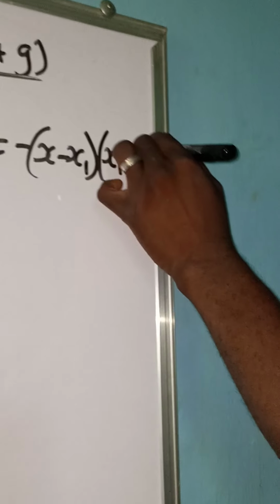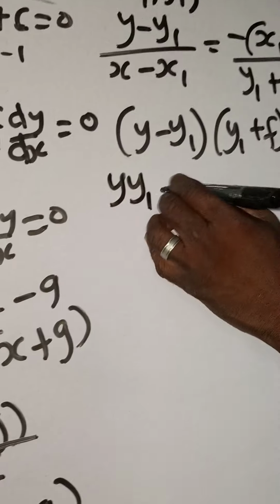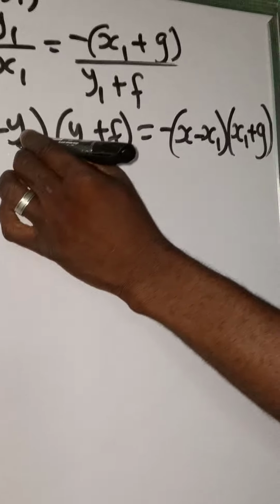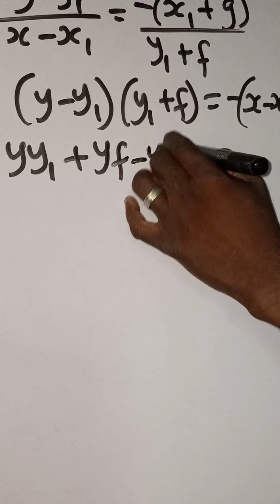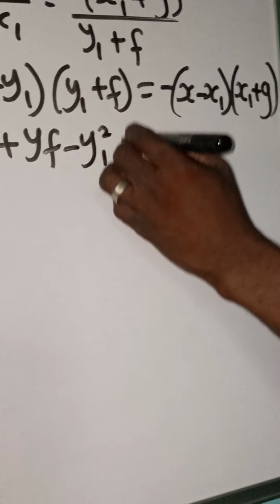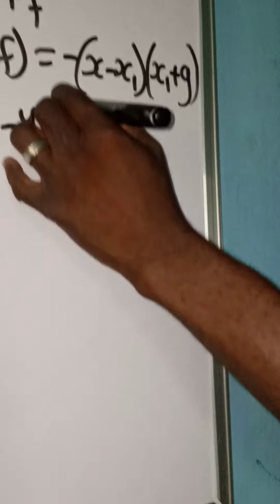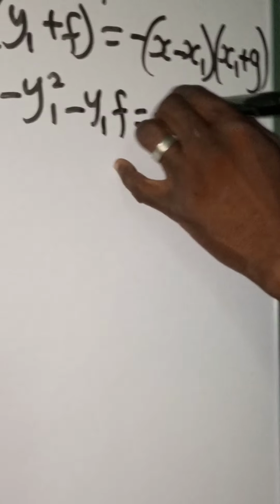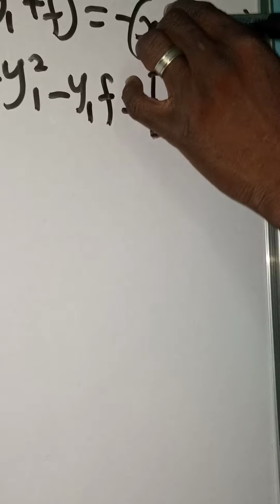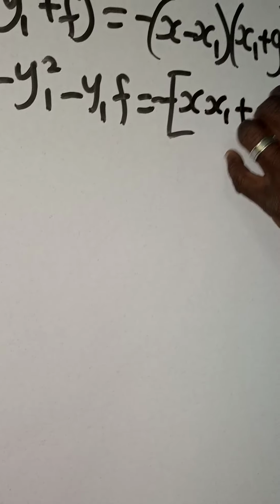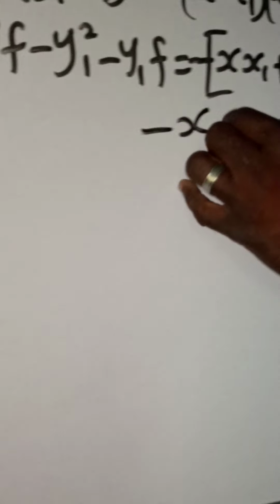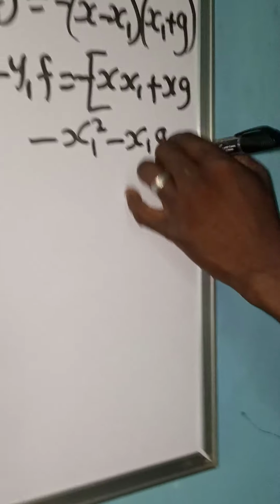(x1 plus g). So y times y1 is yy1, plus yf, minus y1 times y1, that's minus y1 square, minus y1 times f is minus y1f, is equal to minus big brackets. So x times x1, x times g is plus xg, minus x1 times x is minus x1x, minus x1g.